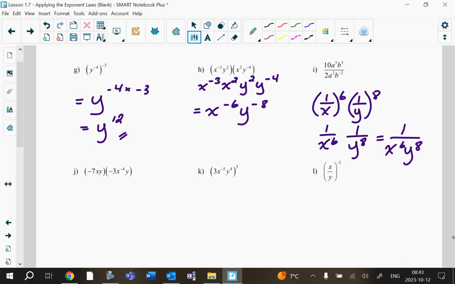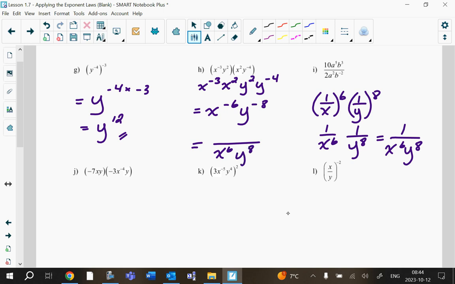When you've got negative exponents, like this, move the negative exponents down and make it positive. Keep one on top. Negative exponents means make a fraction. This has to move down to become positive. This has to move down to become positive.